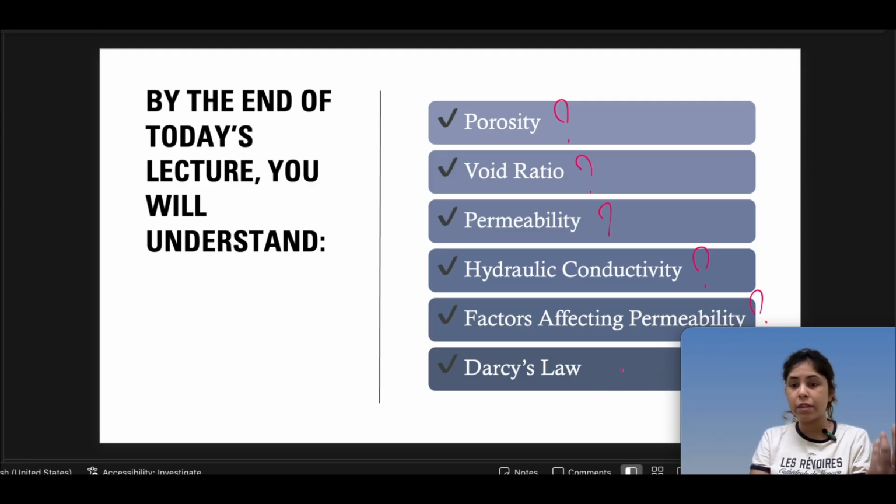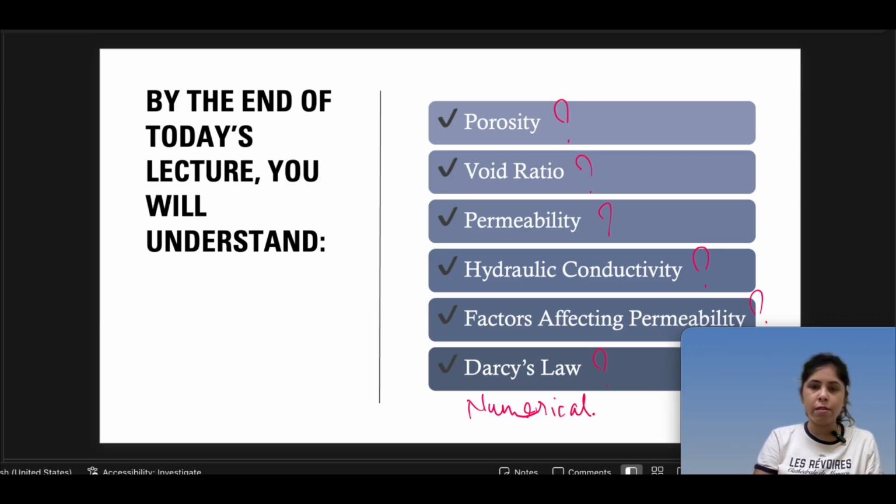Then we'll be discussing Darcy's law, and then we will be discussing a numerical as well. That's how we will be conducting today's lecture. So let's continue.